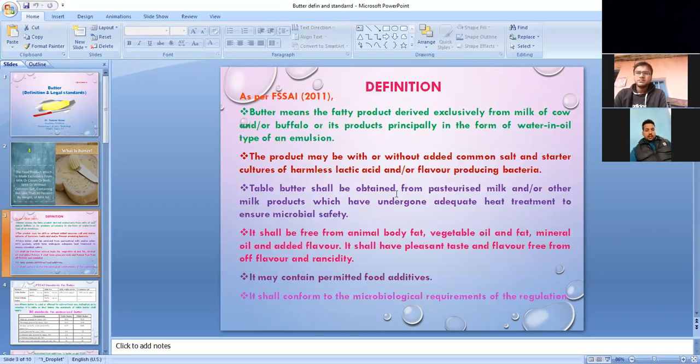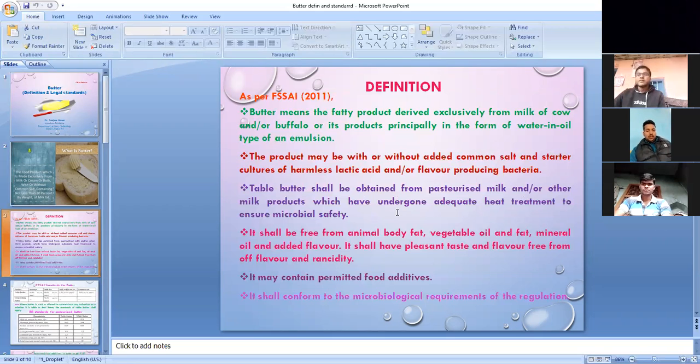Table butter shall be obtained from pasteurized milk or other milk product which has undergone adequate heat treatment to ensure microbial safety. Our butter must be free from any animal fat, vegetable fat, mineral oil or added flavor.